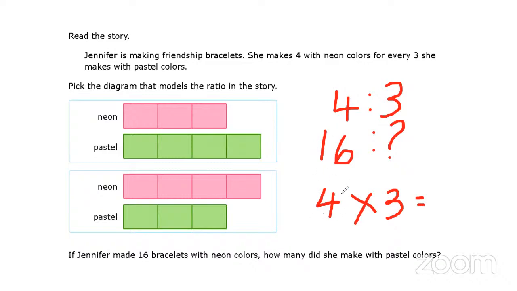And if we multiply that 4 by 3, it will tell us how many pastels she made for every 16 neon. So 4 times 3 is 12. So we have gotten what we need for pastel colors. So therefore, our answer has to be 16 neon to 12 pastels.